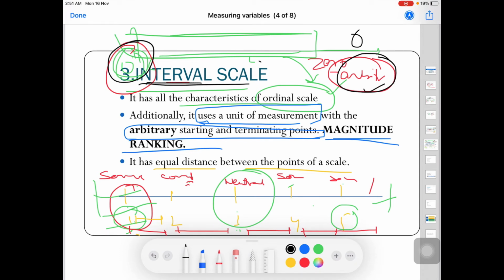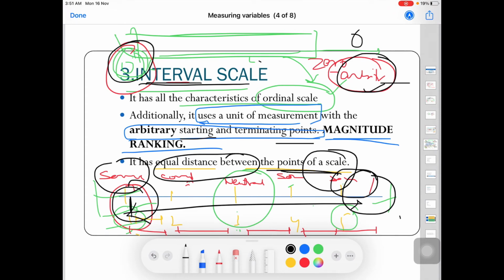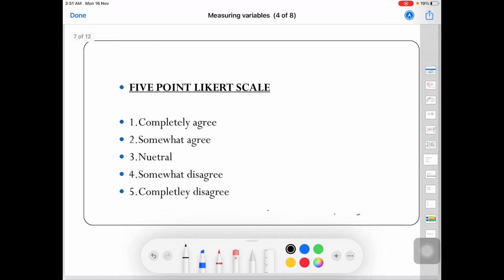Just remember, under interval scale, 0 is arbitrary. Starting and terminating points are also arbitrary. You can keep them wherever you want. You can keep somewhat agree at the first position, somewhat disagree at the fifth. It's all up to you, but it has equal distance between the points of a scale. So this was about interval scale.